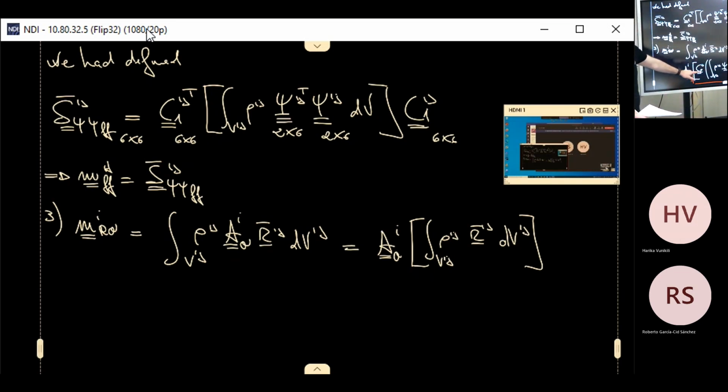Once you integrate it, what is inside the square brackets is constant. So that's why it's an inertia shape integral, because it's constant.